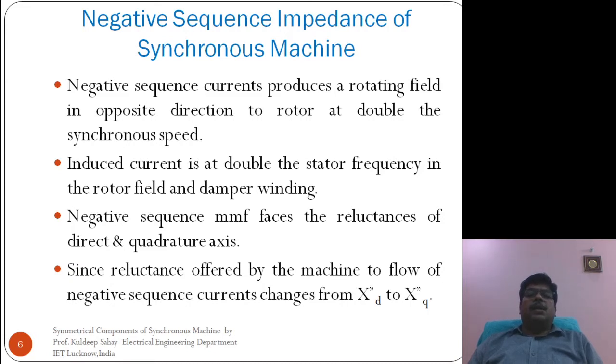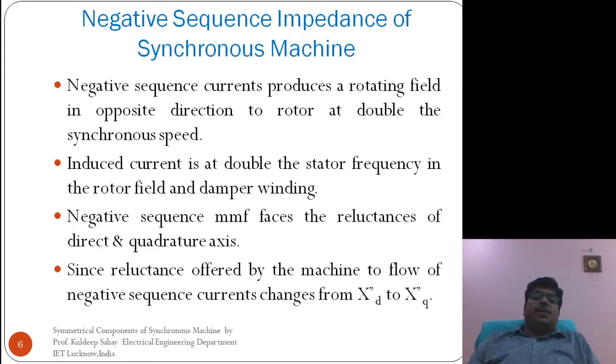Here the negative sequence MMF faces the reluctance of the direct axis as well as the quadrature axis. So the reluctance offered by the machine to the flow of negative sequence changes from XD dash to XQ dash, meaning the reactance changes from XD double dash to XQ dash.